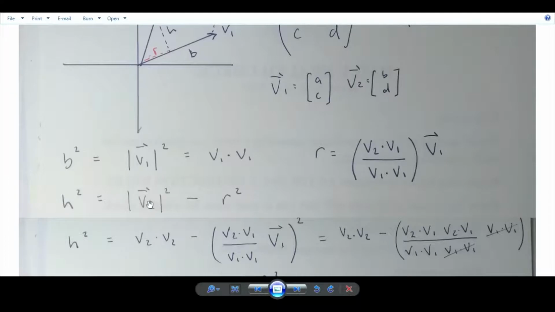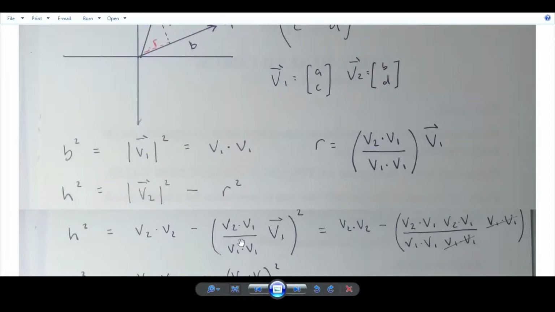Just like vector 1, the magnitude of vector 1 squared is the same as v1 dotted with itself. The magnitude of vector 2 squared is v2 dotted with itself. So I can replace that with this, and r squared is just this expression up here, substituted in and squared. That's quite straightforward.